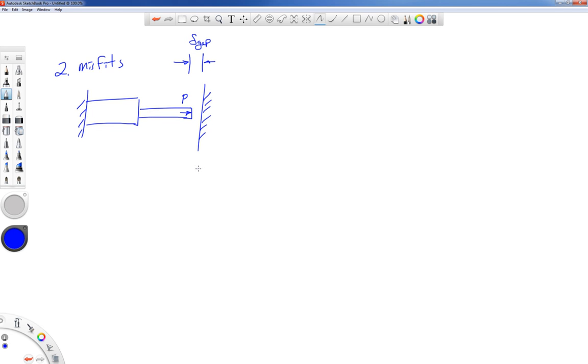Well, in this case, we treat it in a way that's very similar to an indeterminate problem. Materials in series. We know that indeterminate problems have e total equal to e1 plus e2 if it's in series, where this is section number 1 and this is section number 2.